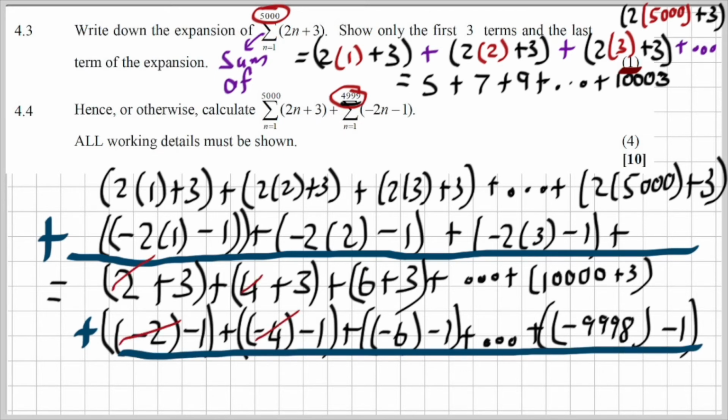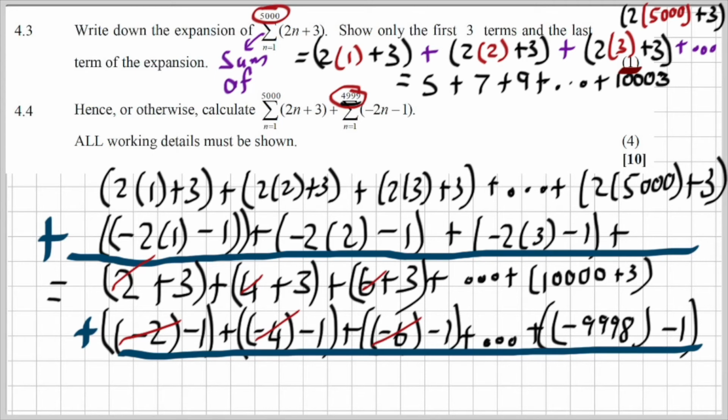Let me go back a little bit. Negative 2 and the 2 cancel out. I hate that word cancel out, but let's use it. 2 minus 2 is naught. 4 minus 4 is naught. 6 minus 6 is naught. That's going to carry on and on and on.